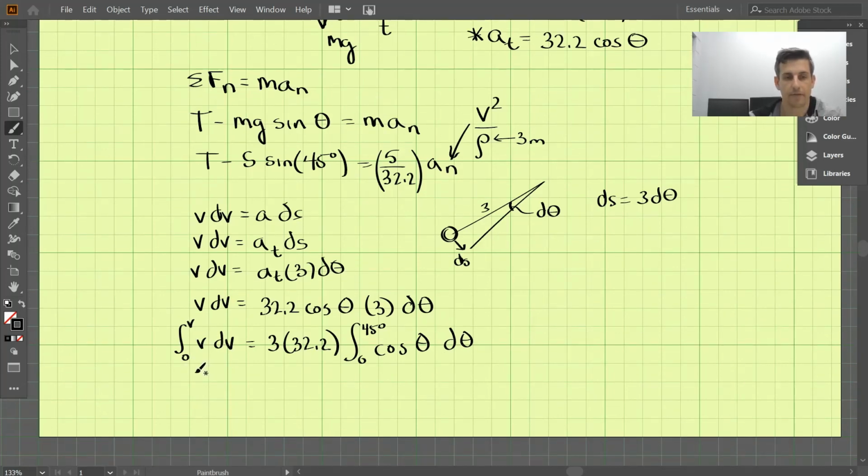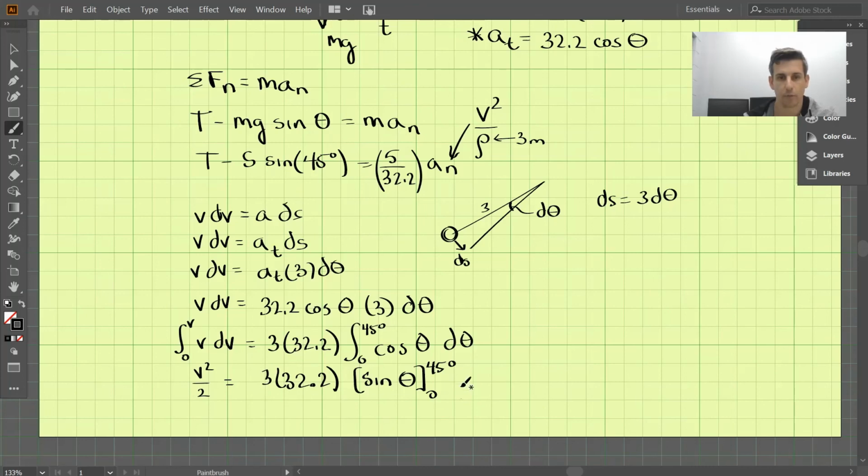If we integrate the left-hand side, that is just v squared over 2. And on the right-hand side, remember that the antiderivative of cosine theta is sine theta. So we have 3 times 32.2 sine theta, and sine theta is evaluated from 0 to 45 degrees.